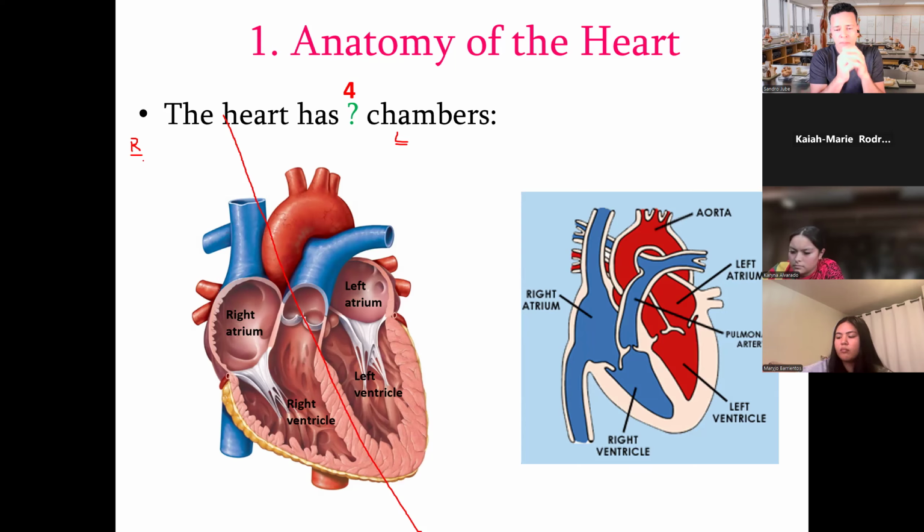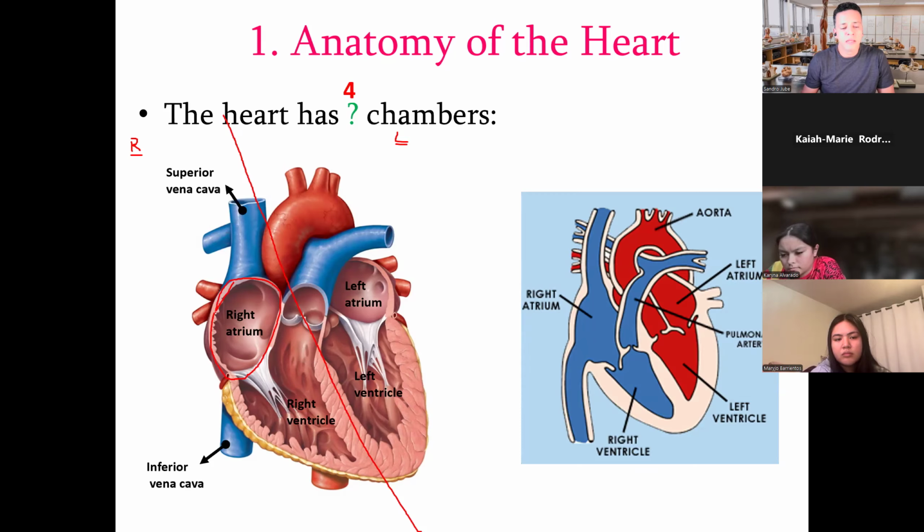Okay, they are big blood vessels that bring blood in and take blood out of the heart. Let's start with the right atrium right here. If you look at the right atrium, we can see there are 2 blood vessels supplying deoxygenated blood to the right atrium. We have a superior vena cava and we have an inferior vena cava.